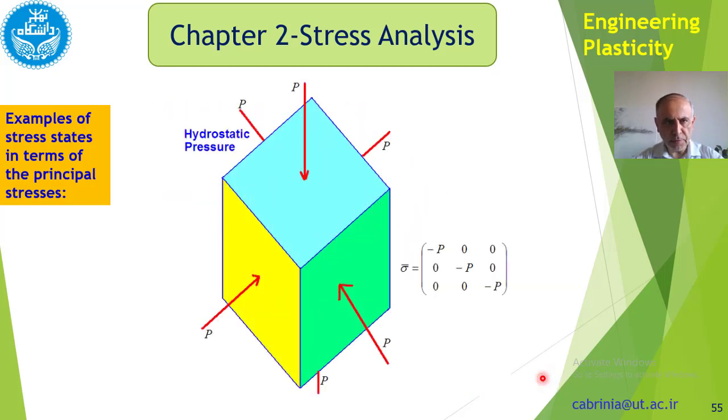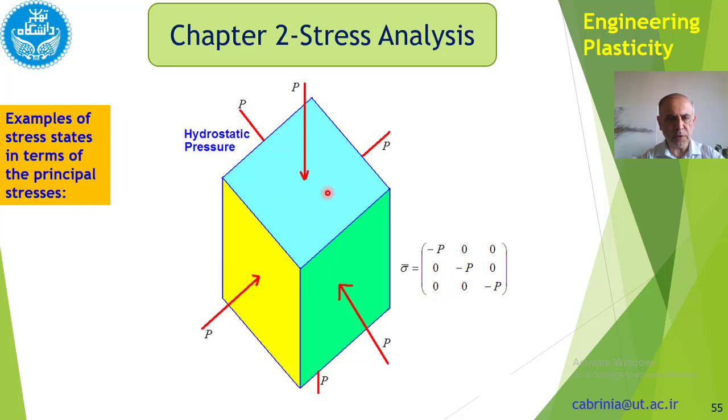And here we have a three-dimensional state of stress, which is hydrostatic pressure. In fact, the stress is pressure here, and as you can see, the stress components fill the diagonal of the matrix, and the rest of the components are 0.